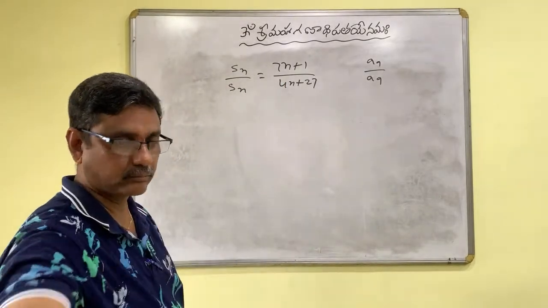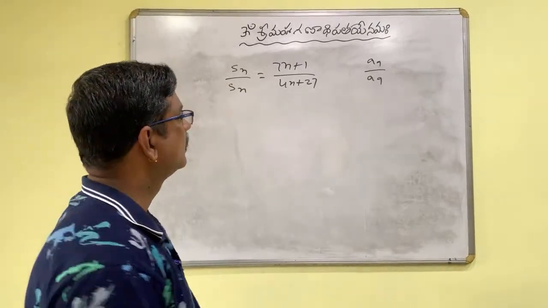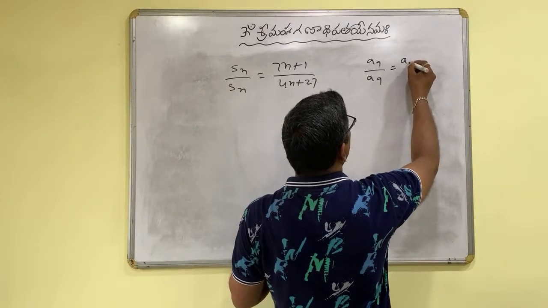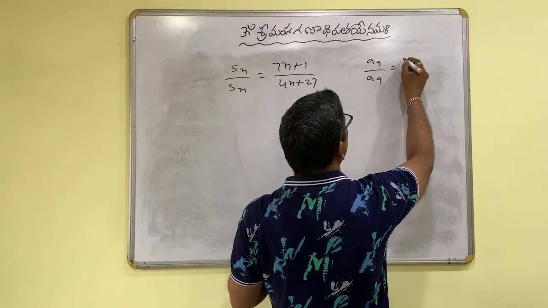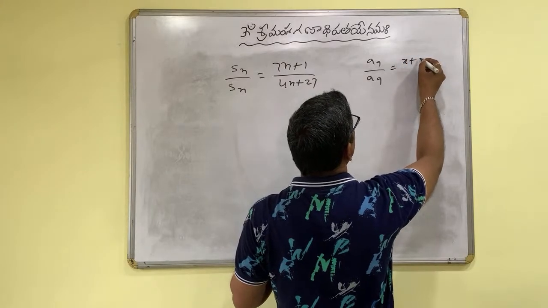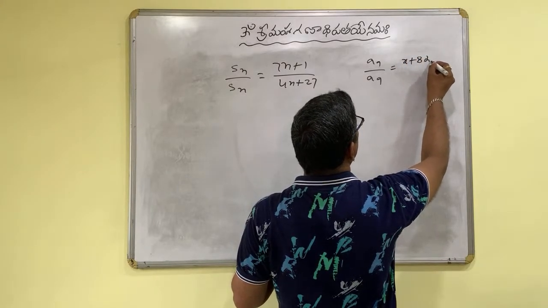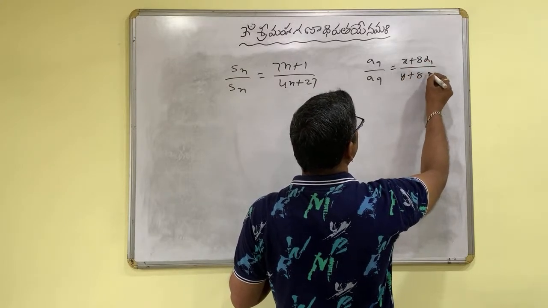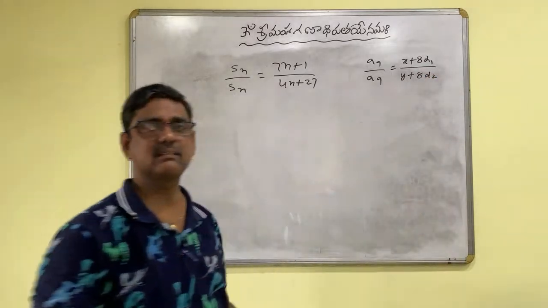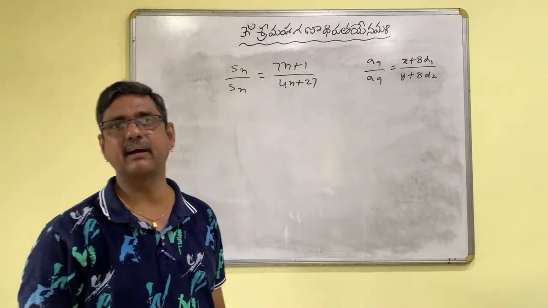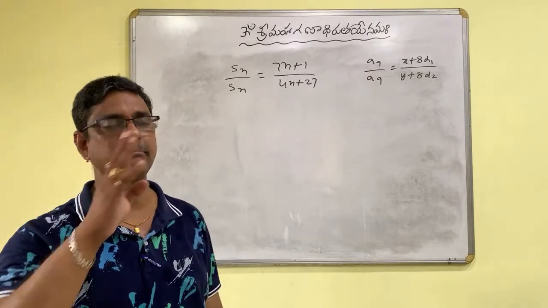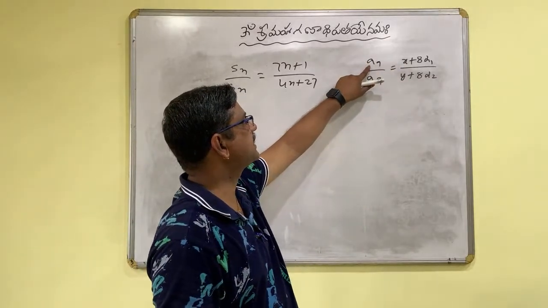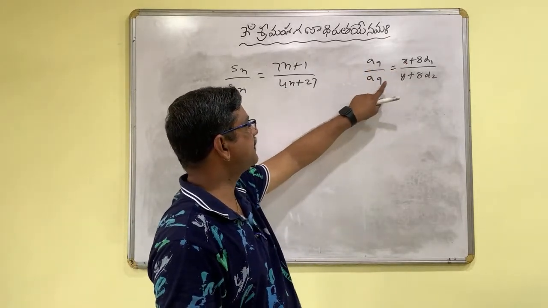So for the ninth term ratio, I am taking the first term of this AP as x and the first term of this AP as y.